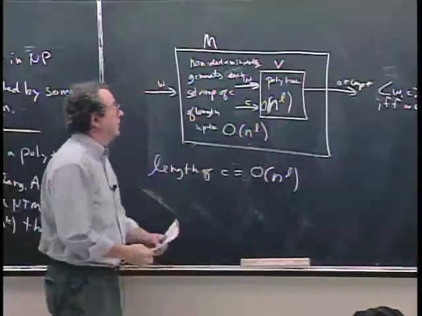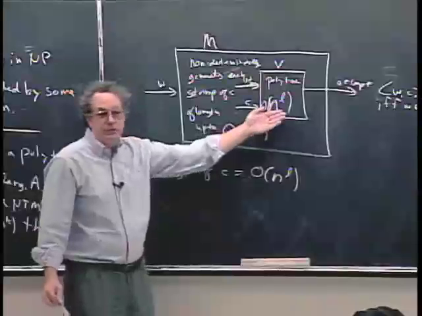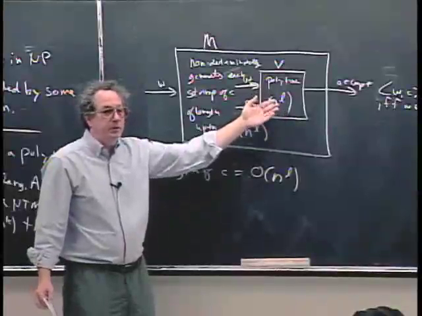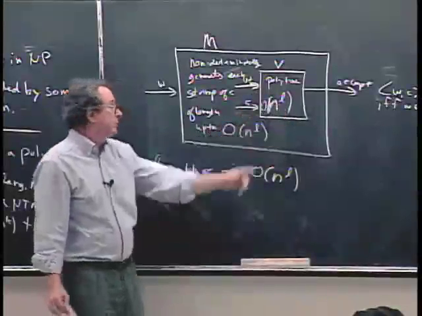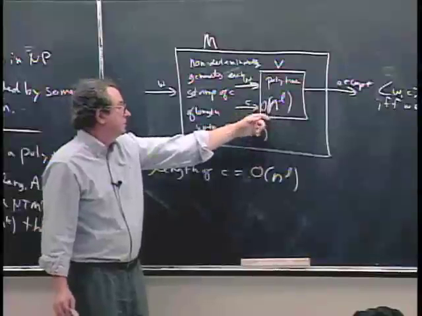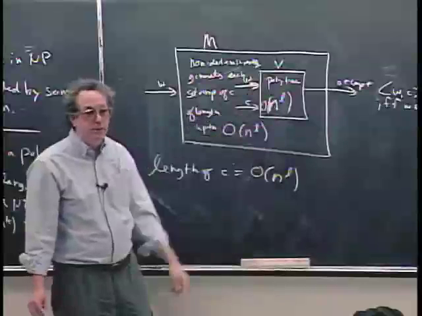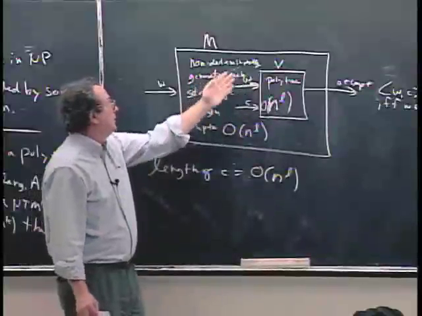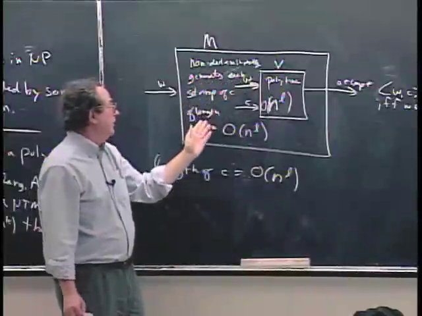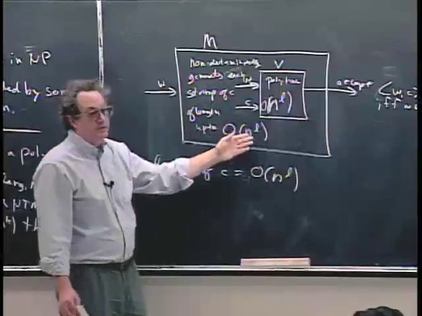Okay, so this is a polynomial time Turing machine. It's actually, its running time is bounded by some particular polynomial. We're just saying that particular polynomial is order N to the L. But there is an actual polynomial. So M can non-deterministically generate each of those strings of length up to that.